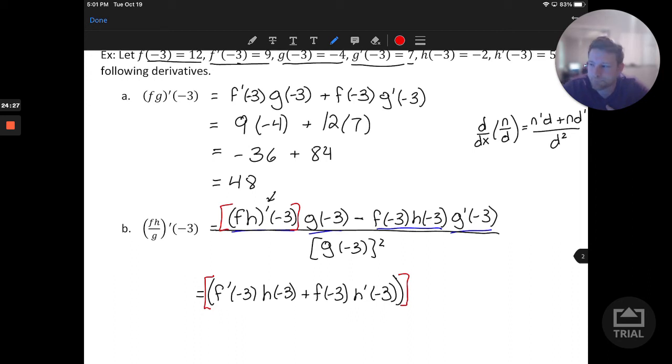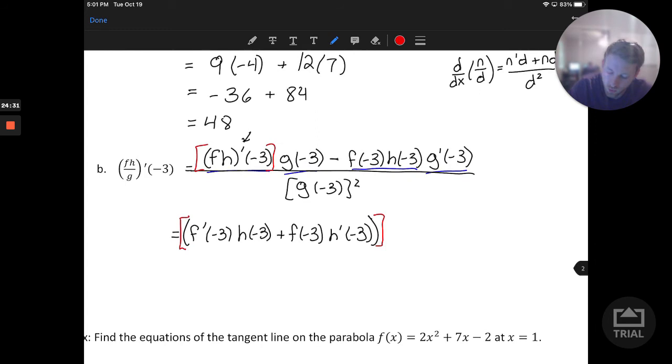And then let's go ahead and just jot the rest down, and then we'll evaluate these. So we have g of -3 minus f of -3, h of -3, g prime of -3.